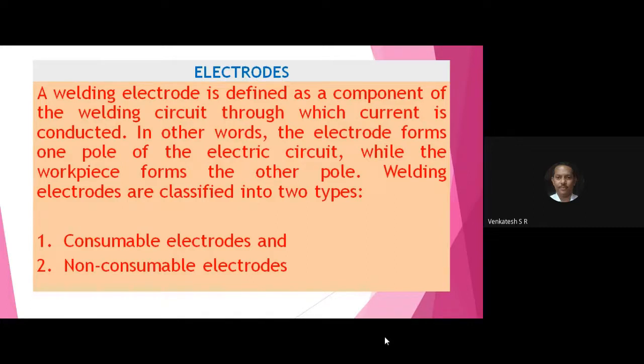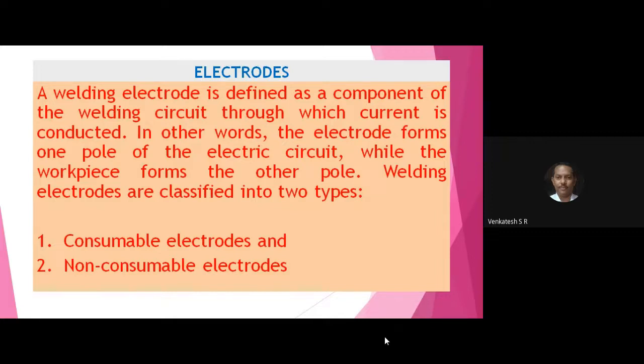In TIG, tungsten inert gas welding, the electrode is only there to establish the arc, that's all. The filler rod is used along with the electrode. So in that case, the electrode is not consumed in the welding process.